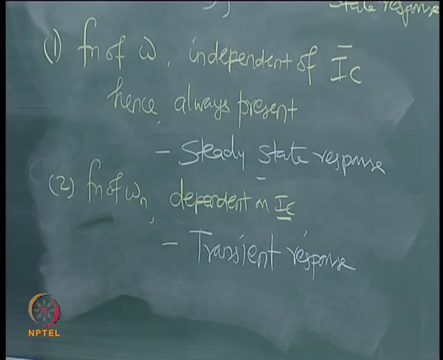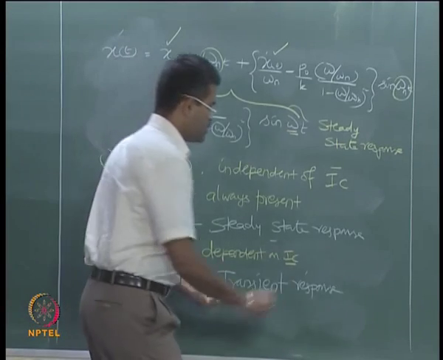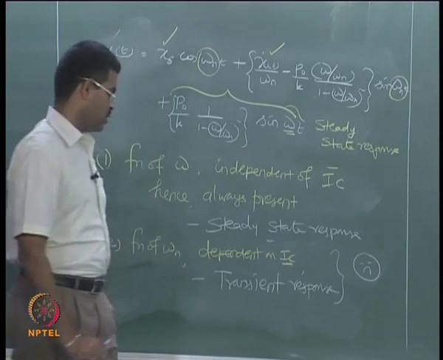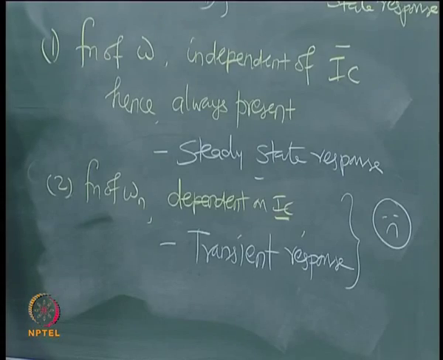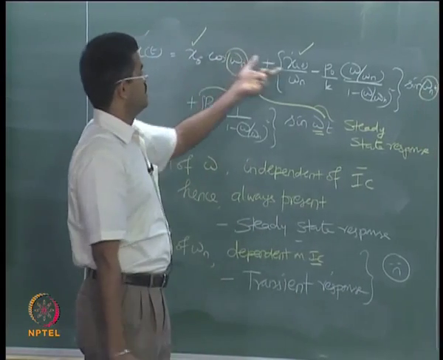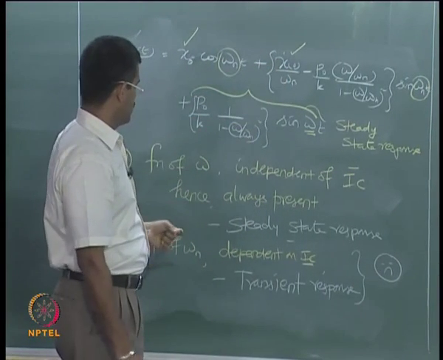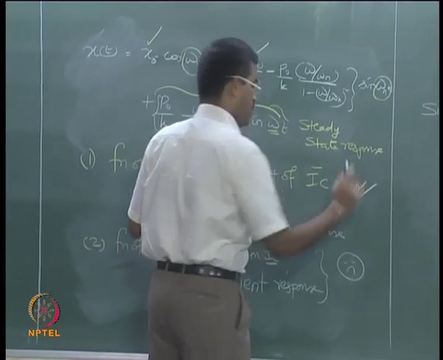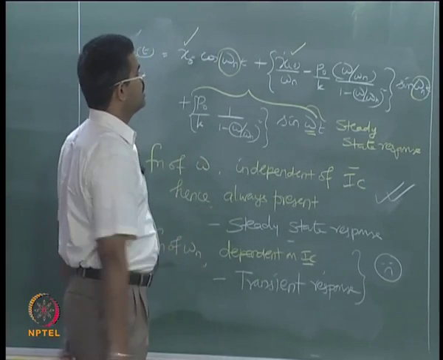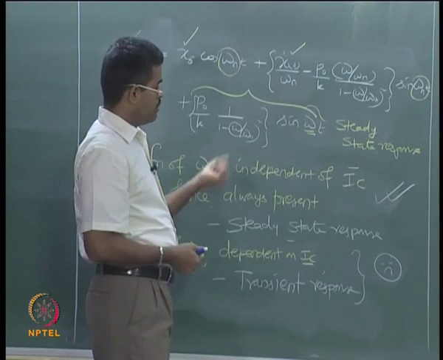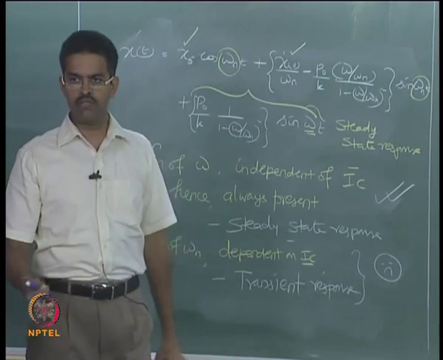Therefore, the transient response may not be of any interest to us, because it may not be continuously present, it depends on initial conditions, whereas the steady state response will always be present, therefore it is important for us. Let us zoom this window and see how I can further simplify the steady state response and what inference I can draw from the steady state alone, which will be of interest for us.